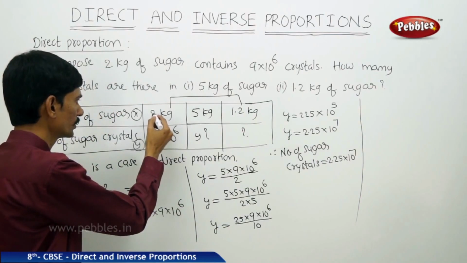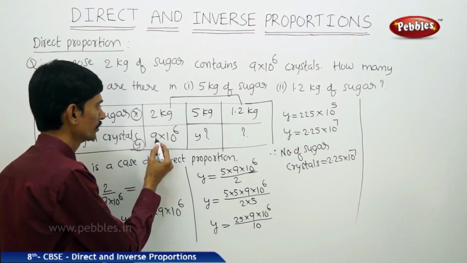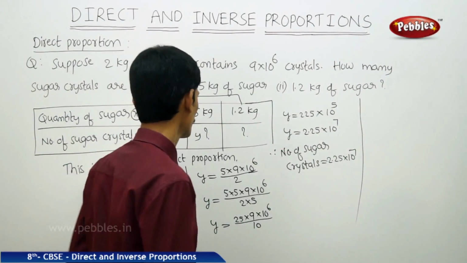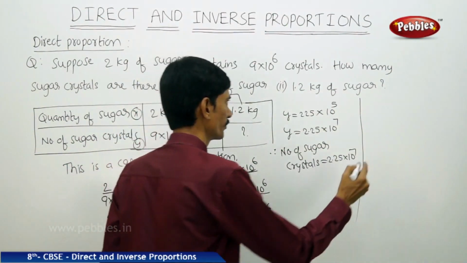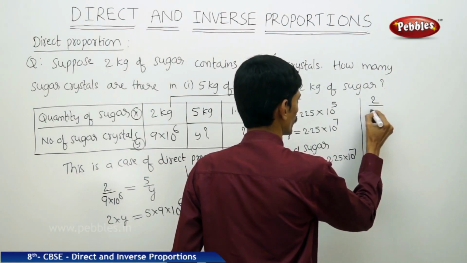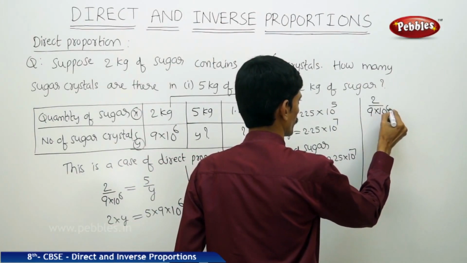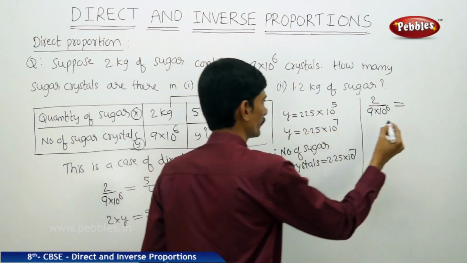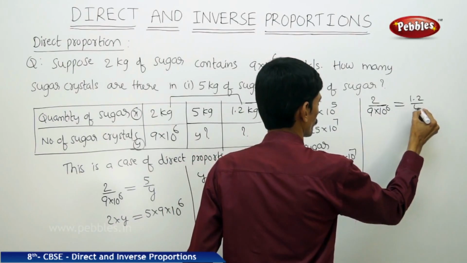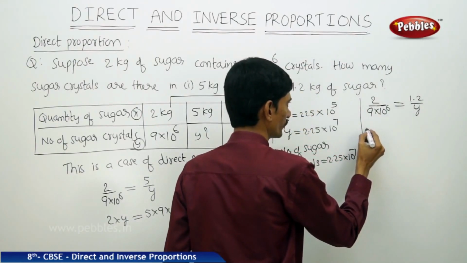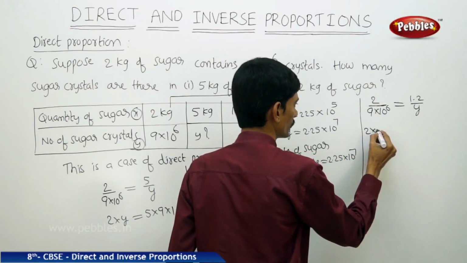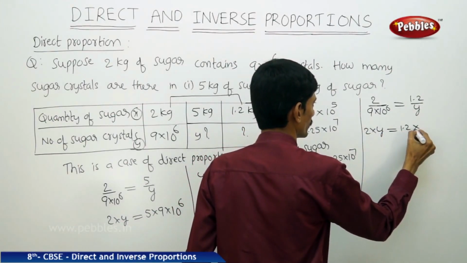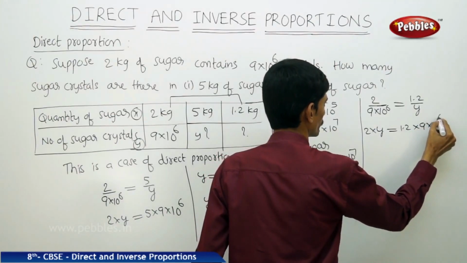Now here we can take that 2 by 9 into 10 power 6 equals 1.2 by y. Now by cross multiplication we get 2 into y equals 1.2 into 9 into 10 to the power of 6.